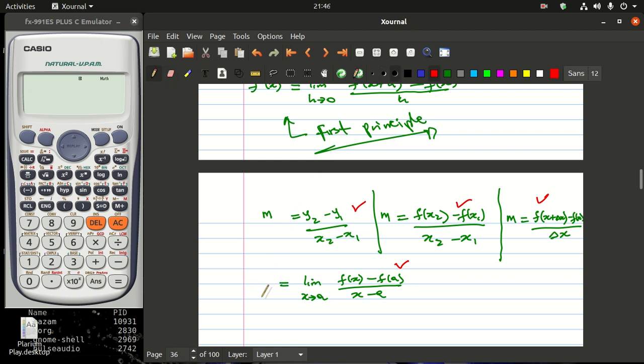But you also need to know that the slope of the tangent line at point A can be found using this function here.